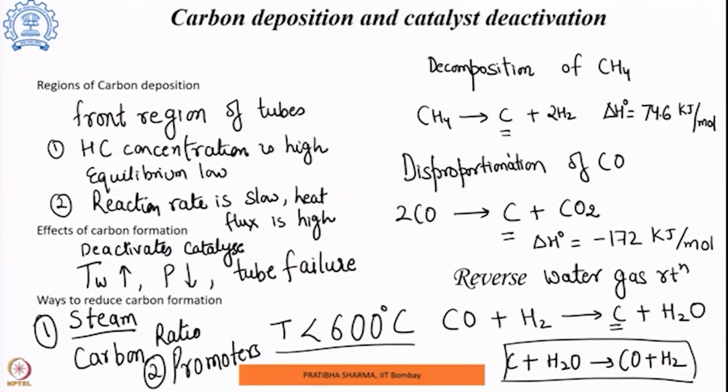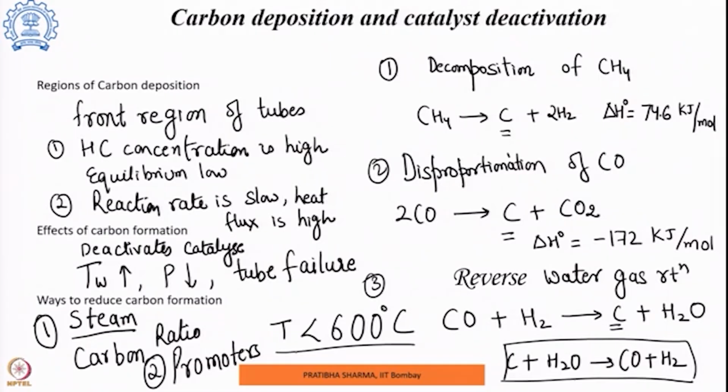In fact, there are two competing processes going on: the formation of carbon through any of these processes and the removal of carbon by means of carbon or coke gasification. So these are two competing processes.